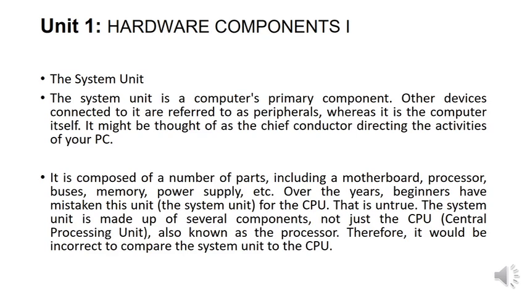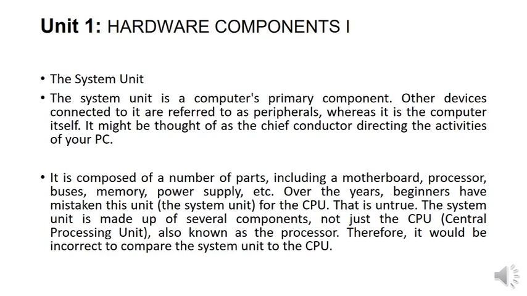Now let's take the system unit, for example. A system unit is the primary component that other devices connect to, and those devices are referred to as peripherals, whereas the system unit is the computer itself. It might be thought of as a chief conductor directing the activities of your PC.